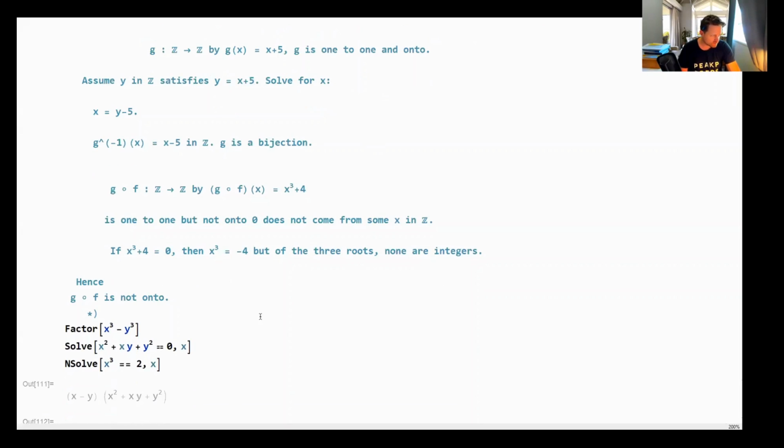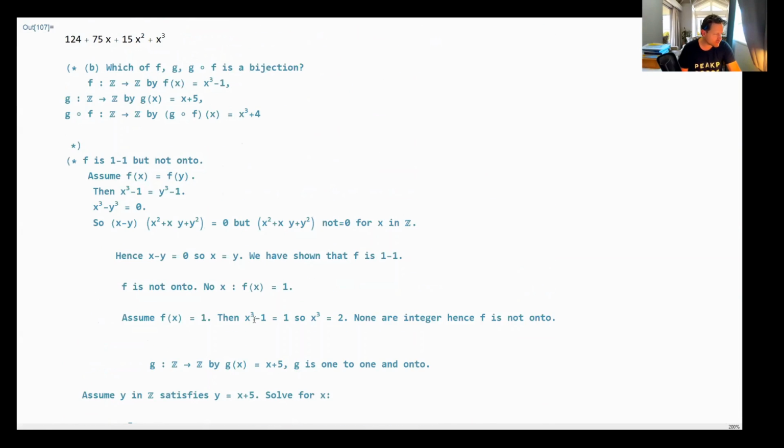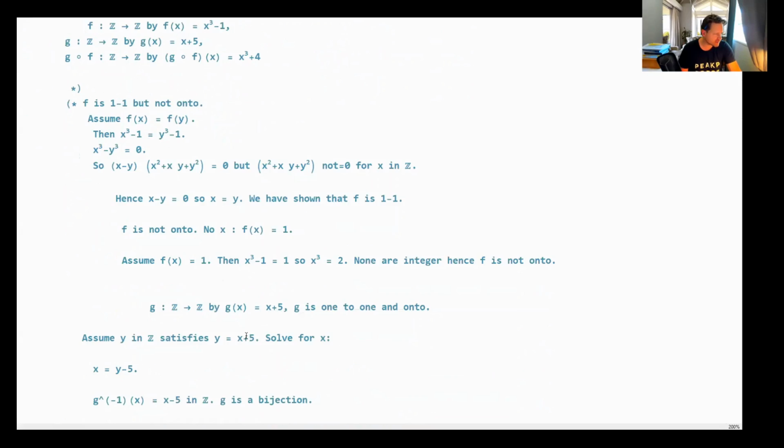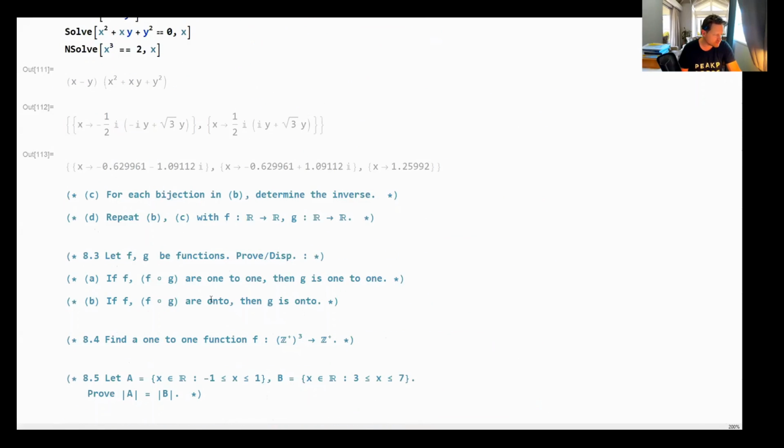All right, so let's move on to the next one. Let's see, what have we done here? We've done part B, so I guess we're on to part C. For each bijection in B, determine the inverse. So we've already done this, I think, for g.